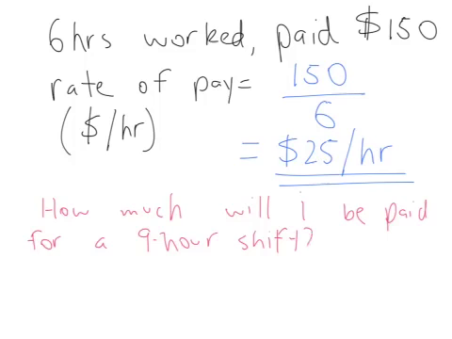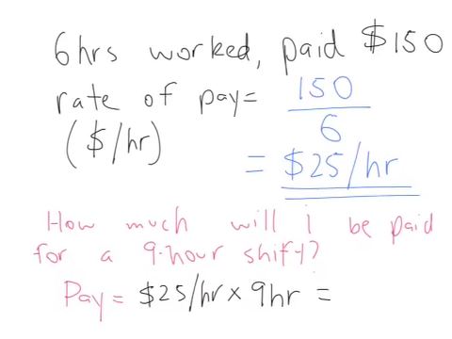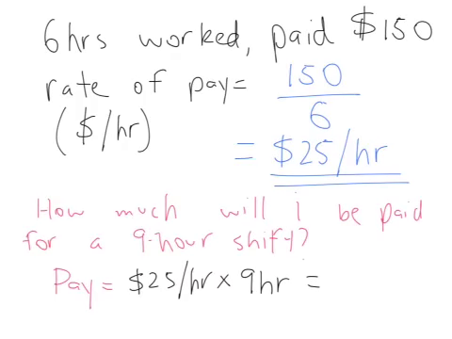Well, I'm being paid $25 per hour, so my pay will be my $25 per hour multiplied by 9 hours, which I hope you see is $225.